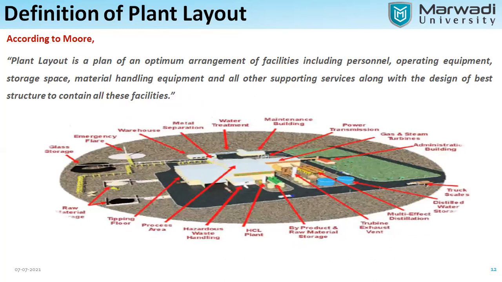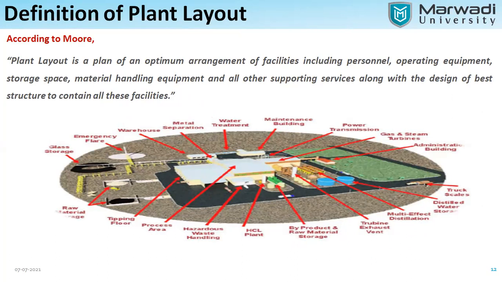This is basically the layout that I discussed on the first slide, and it has all the facilities. If you see this particular layout, there is a water treatment plant, metal separation, warehouse, emergency material storage, shipping, floor area, hazardous waste handling, product development, everything.